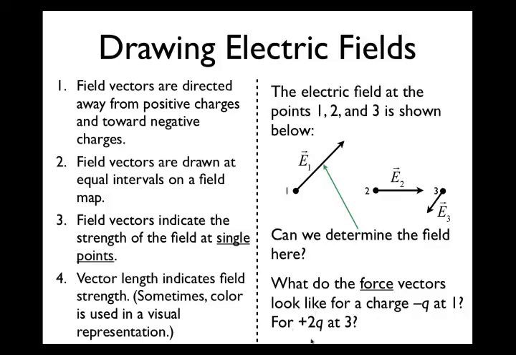If instead we put a positive charge, but that positive charge had a magnitude of 2q rather than 1q, then the force at each of these points, including point 3, would be in the same direction as the electric field, but the force vector itself would be twice as big as it was for the 1q charge, because the force is proportional to how big the charge is, just like the gravitational force on a mass ends up being proportional to how much mass you have.